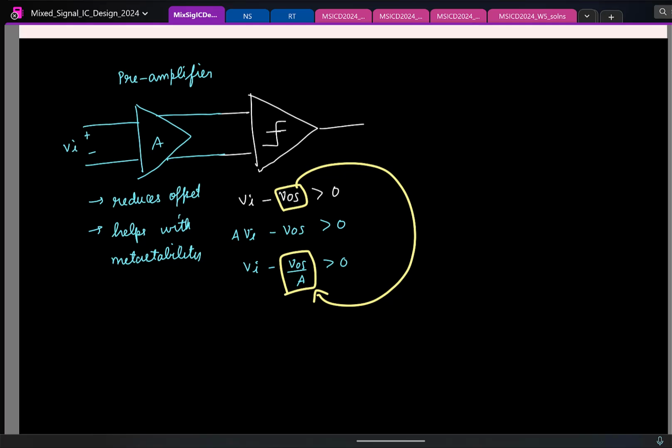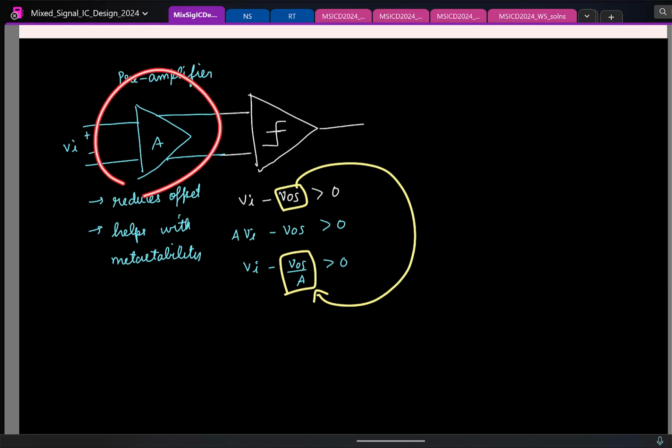Cool. But there are a couple of minor points to note while making the preamplifier. Now let us say you are making this comparator with a strong arm latch. Strong arm latch, do you think it is consuming static power or it doesn't consume static power? It doesn't consume static power. That's the thought process with which we came up with the circuit.